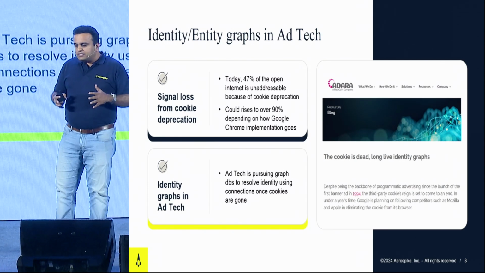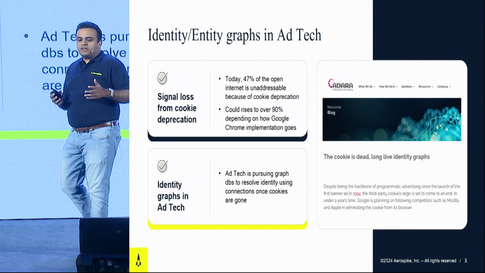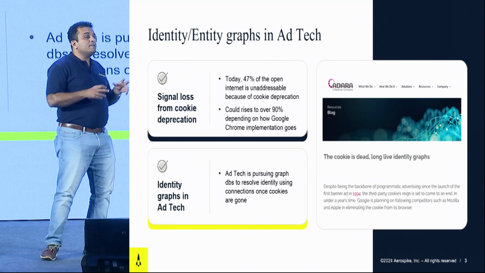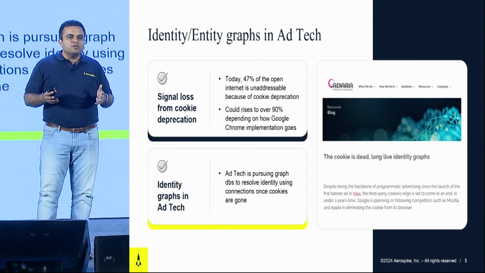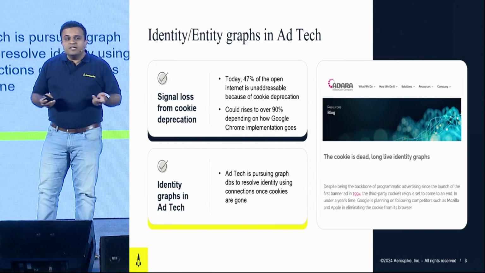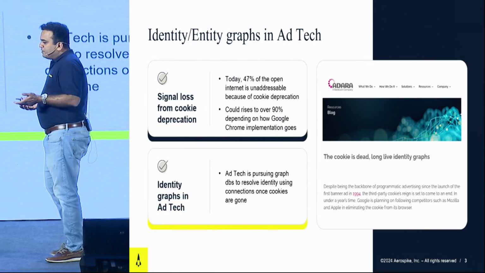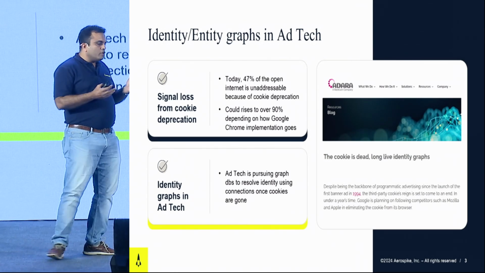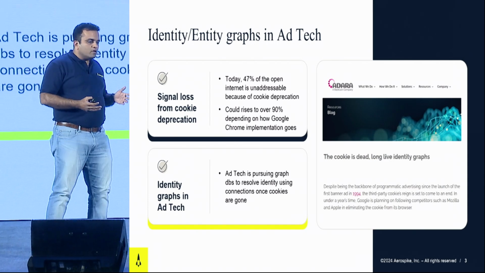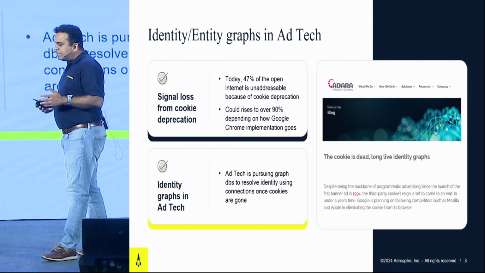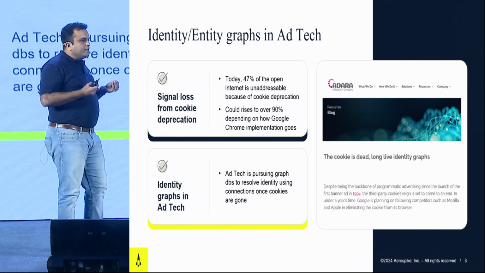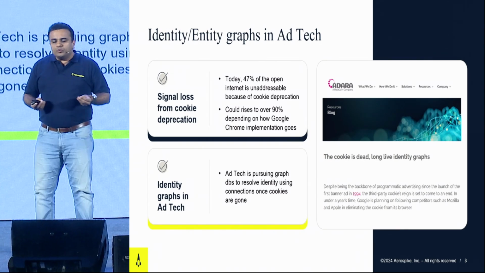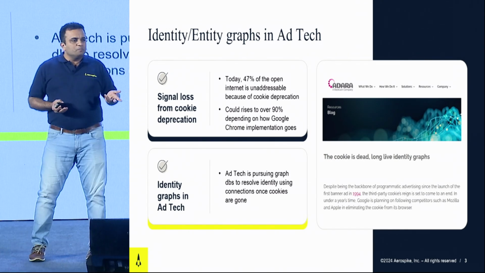Right now, around 47% of the internet is unaddressable. Basically, you don't know who the device, or the person using the device, traversing the internet is. What does that lead to for industries like advertising technology and marketing technology? They don't know who you are. So how do I direct the right set of content to you to give value to you?